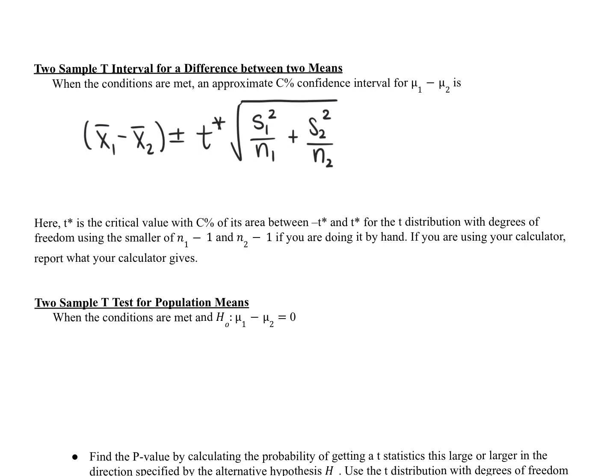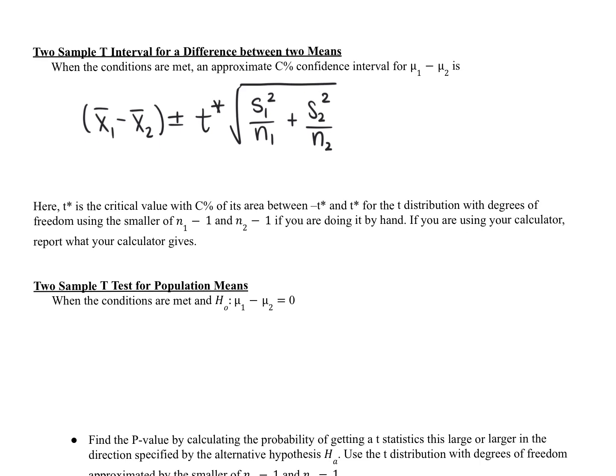And we calculate our critical value t the exact same way we did for a single confidence interval. You use invT and your degrees of freedom, which is the smaller of n1 minus 1 and n2 minus 1. And I will show you how to do this in the calculator as well as by hand when it comes to actually calculating the confidence interval.